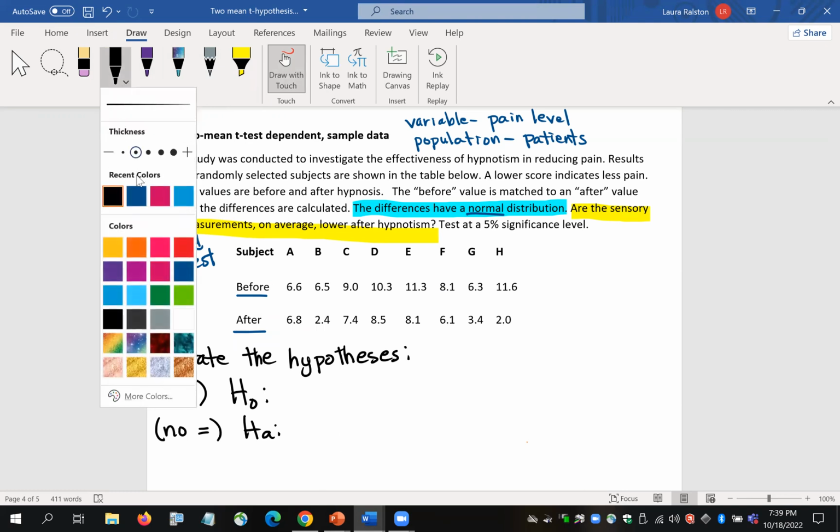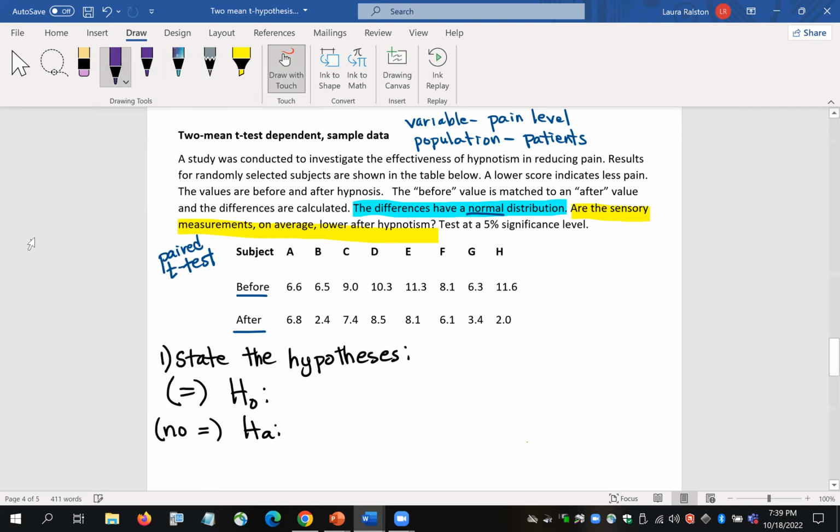It's important to note that it says after hypnotism, because that means your after technically is your sample 1, because I'm interested in knowing what happens after hypnotism. So that becomes my sample 1, and by default the before is my sample 2.